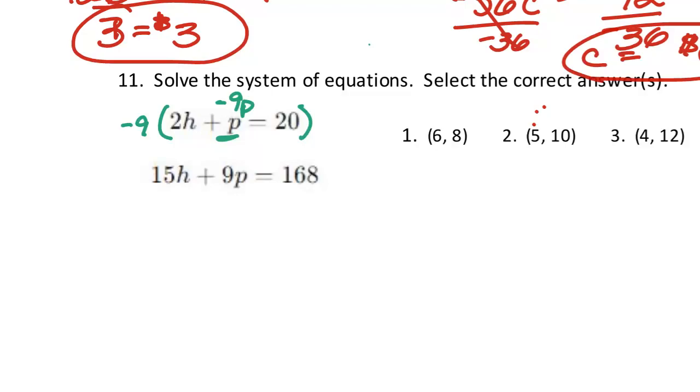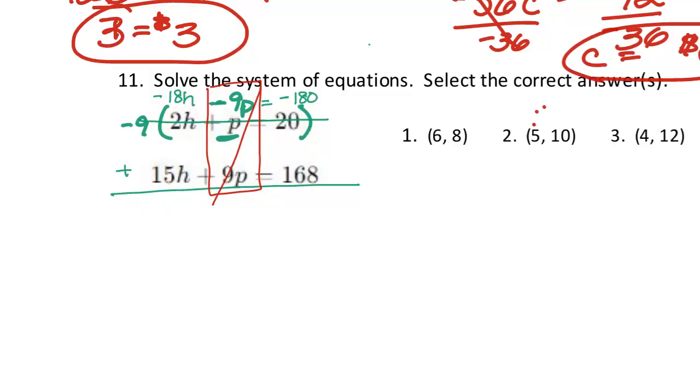All right, so -9 times 2 is -18H. -9 times P gives you that -9P, and -9 times 20 is -180. So cancel that out. Add them together. Again, make sure your opposites actually have opposite signs. So we're canceling out the P's.